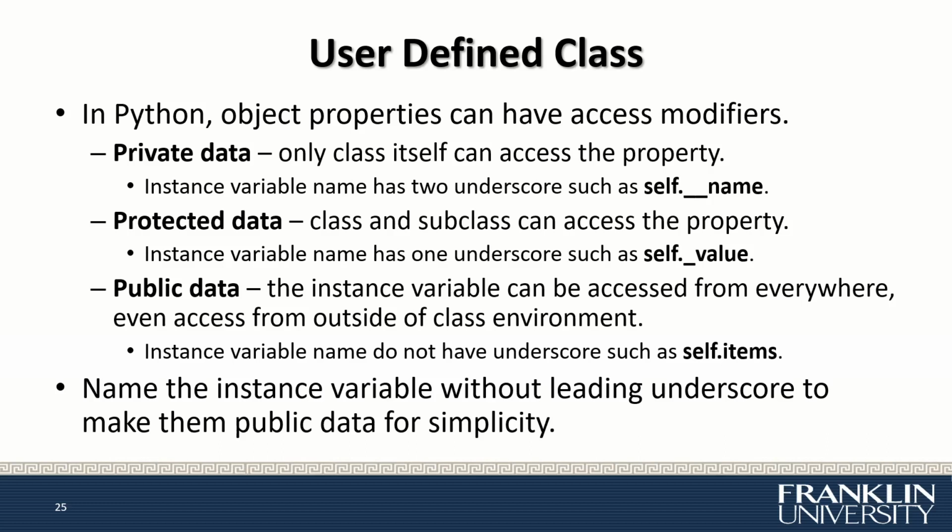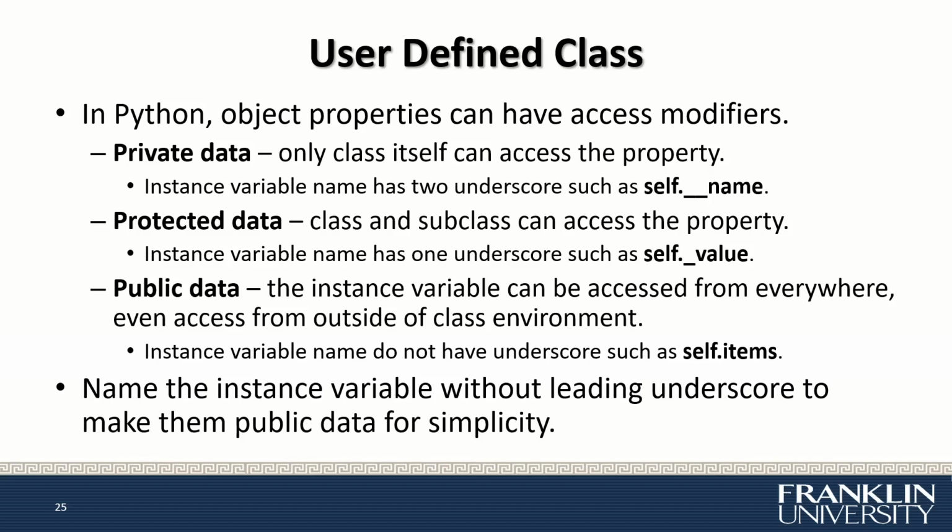And I want to say this, especially for the people that come from a Java or C++ programming background. In Python, object properties can have access modifiers. Private data are data only the class itself can access, only within the class. There's no outside access. The instance variable names have two underscores, such as self dot underscore underscore variable name.